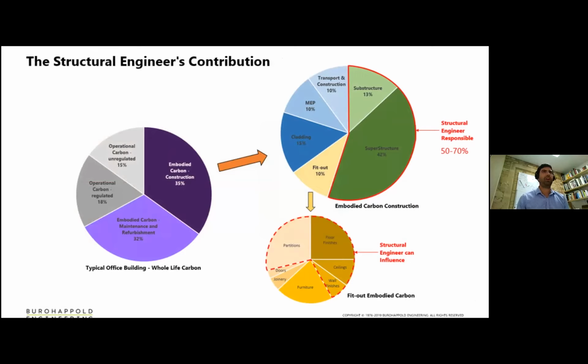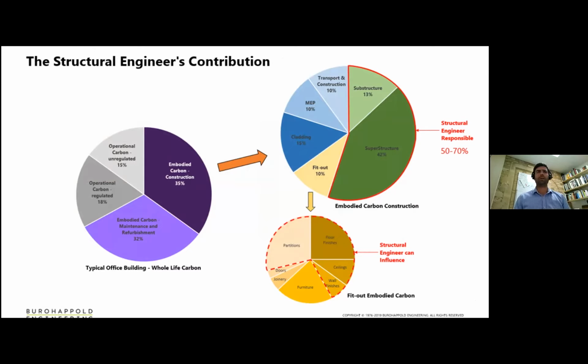Within the structural teams at Buro Happold, it's always good to know the context and the influence that we have. The purple, blue, and grey pie chart on the left is taken from RICS data, looking at where the engineer is responsible.